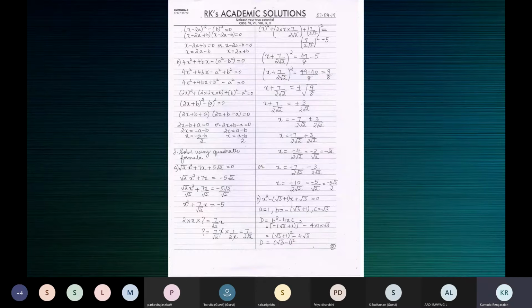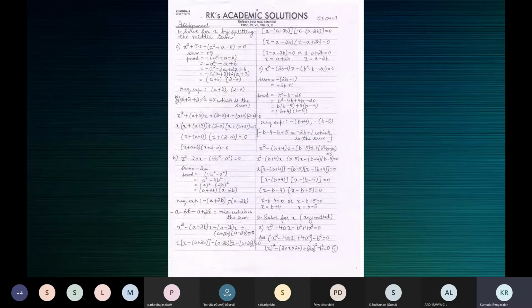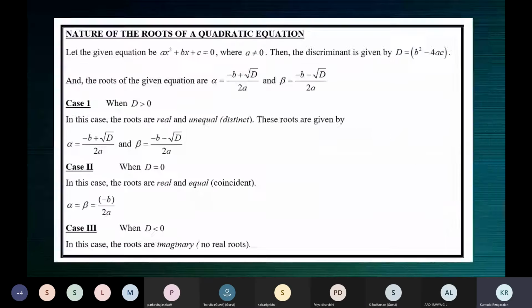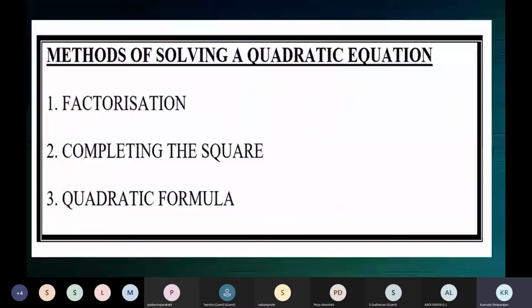Okay, so we have three methods of solving a quadratic equation. One, factorization, which is very familiar to us. We factorize by splitting the middle term. Or we also saw another one yesterday where we had 4 terms.